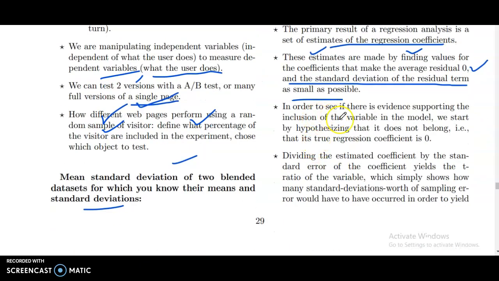In order to see if there is evidence supporting the inclusion of a variable in the model, we start by hypothesizing that it does not belong, that its true regression coefficient is 0.